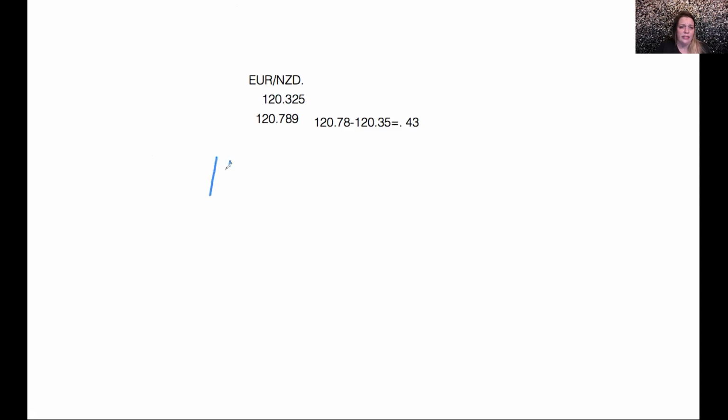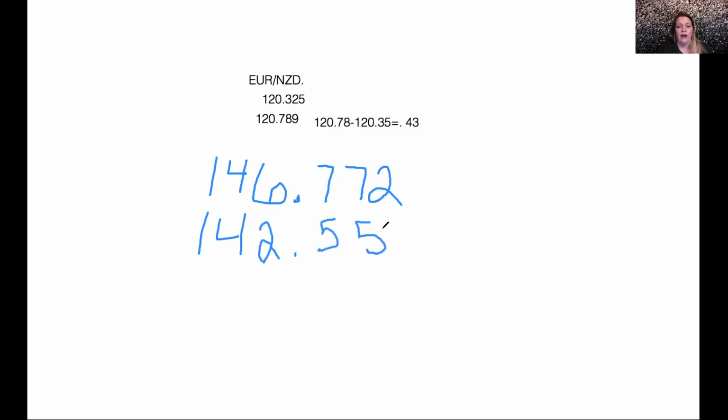And price is at 146.772, okay? And you think that price is going to go down to 142, point, we'll say 551, okay? What would be the total pips?